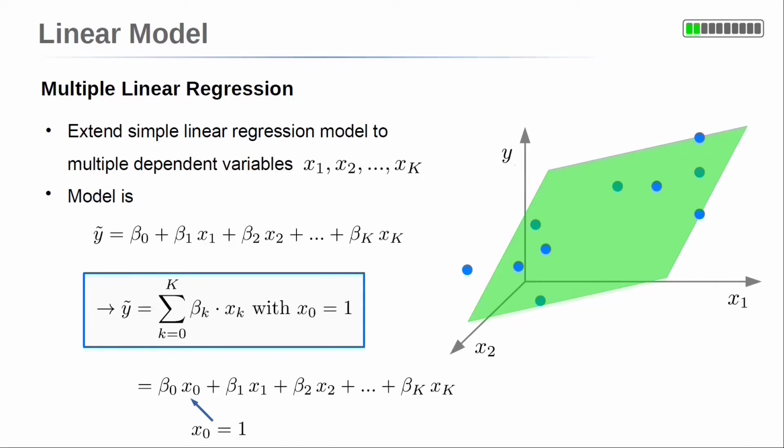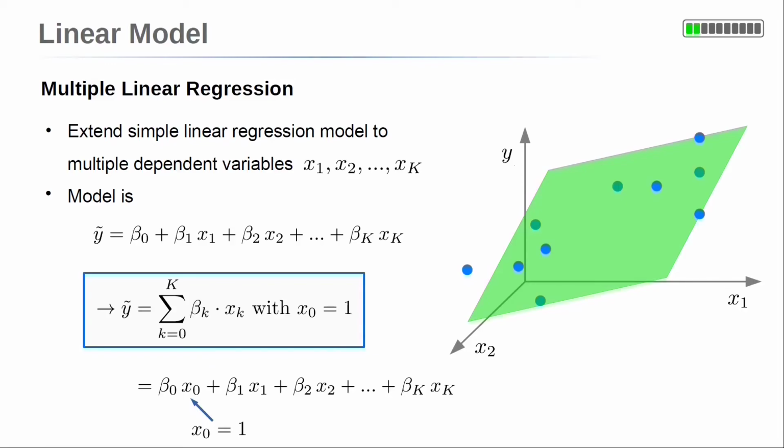Thereby, we define x0, not used as variable before, as equal to 1. So we have the sum over k equals 0 to capital K of beta k times xk.